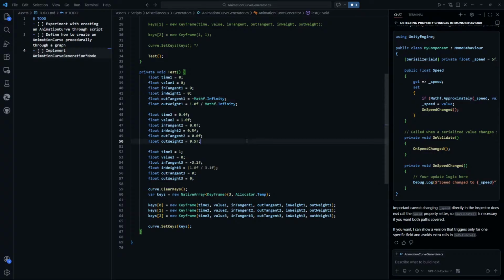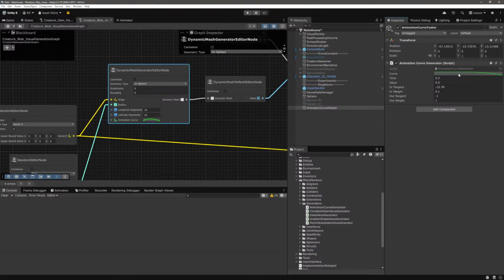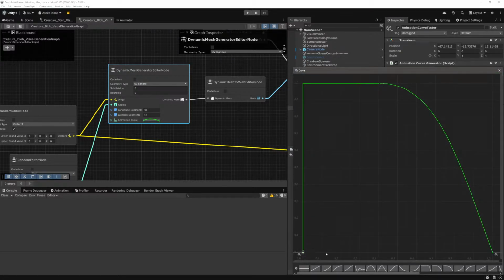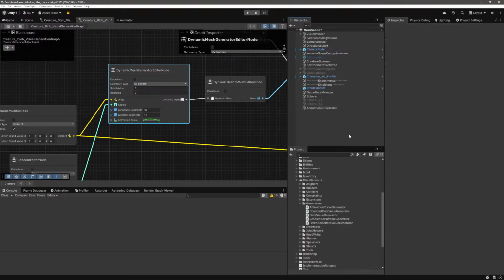Negative... Yeah. Okay, it's not perfect. This one looks good. This one not. Infinity, we can probably not go with infinity. We'll experiment with something else.